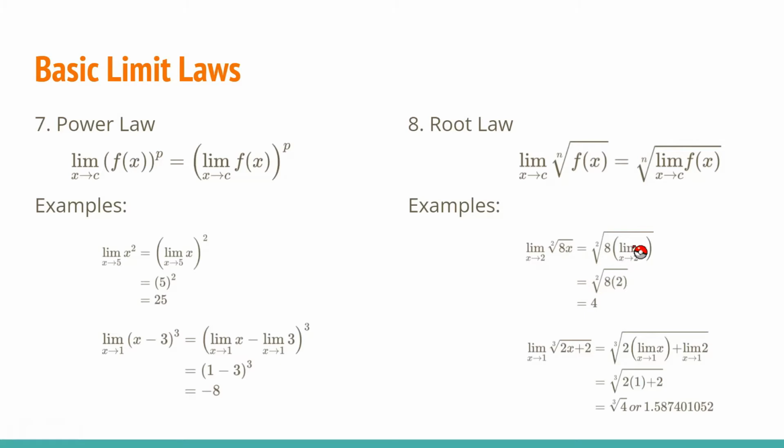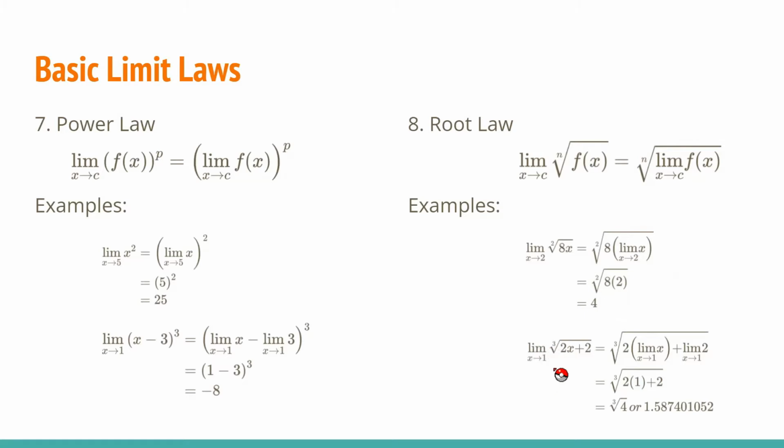We can use the constant multiple law to move the 8, and then we are left with x. So we find the limit of x as x approaches 2, which is just 2. So now we have the square root of 8 times 2. 8 times 2 is 16, and the square root of 16 is just 4.